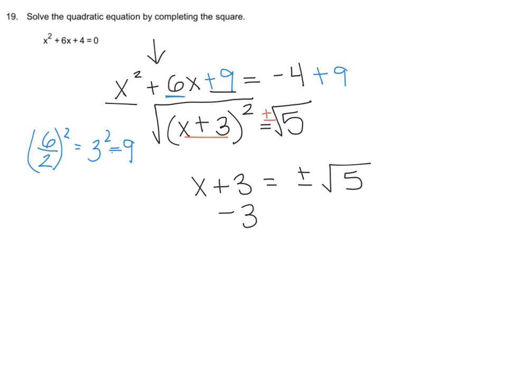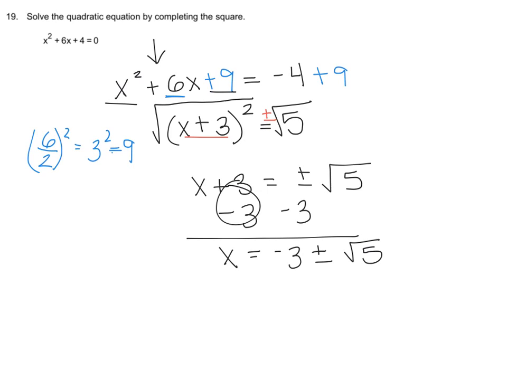Lastly, we'll subtract 3 on both sides, and I have x equals negative 3 plus or minus the square root of 5. Now the square root of 5 cannot be reduced any further, so I'm going to leave it as is. Now I can separate these numbers by separating the plus and minus sign.